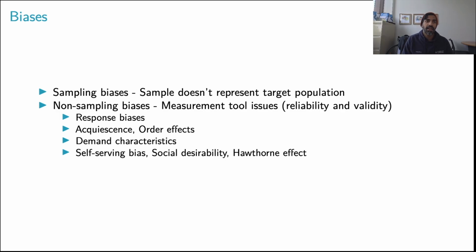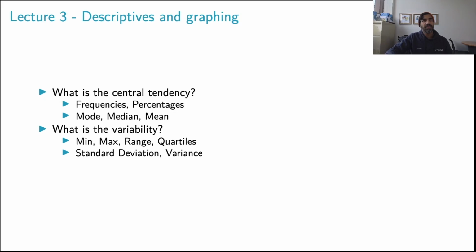That could be a bias, a challenge within the findings of your study. Demand characteristics, which we touched on, self-serving bias and social desirability, and the Hawthorne effect. The Hawthorne effect is where people may act differently when they feel like they're being observed versus when they're not being observed or known to be observed. And so we talked about all these different types of biases and the contributions they may have to our results and findings.